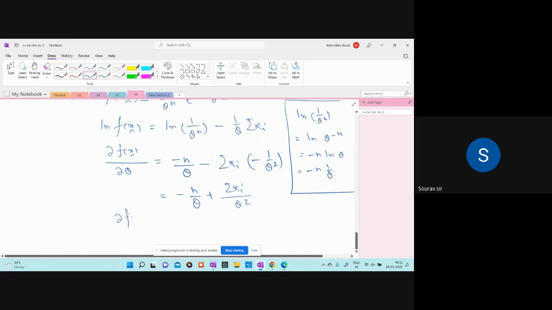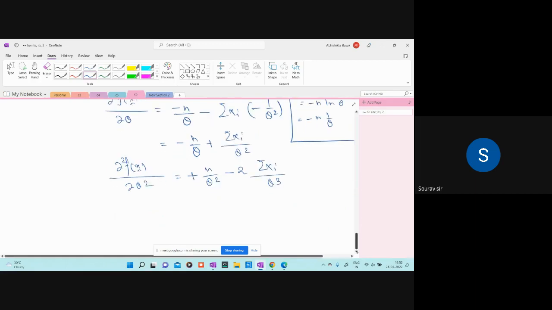So del square log f of x curl by del theta square is equal to plus n by theta square minus 2 summation xi by theta cube. Is my calculation right till this much? Yes, ma'am.